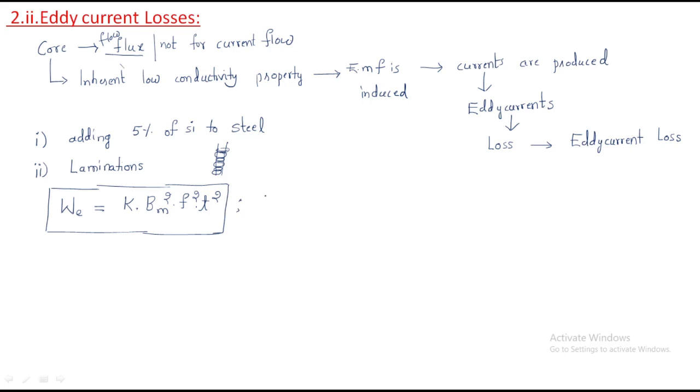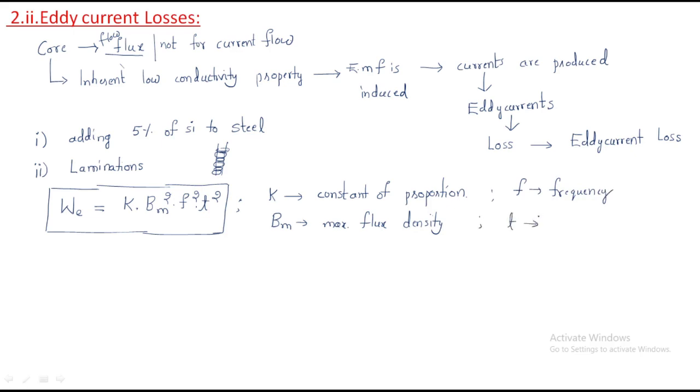So W is the eddy current loss. K is the constant of proportionality, B max is the maximum flux density, F is the frequency, and T is the thickness of laminations.